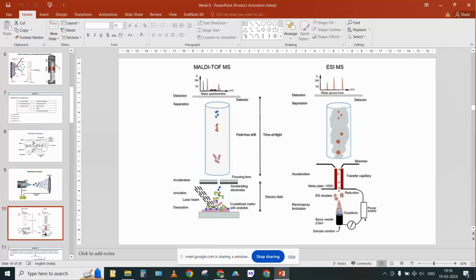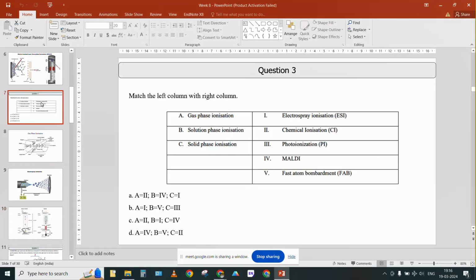Solid state ionization is a fundamental operation for secondary ion mass spectrometry and laser ablation inductively coupled plasma mass spectrometry. So now we'll correlate the given options in the left and the right column.